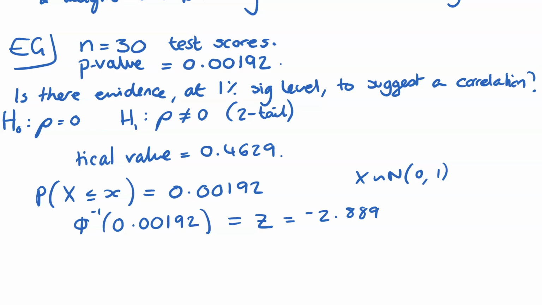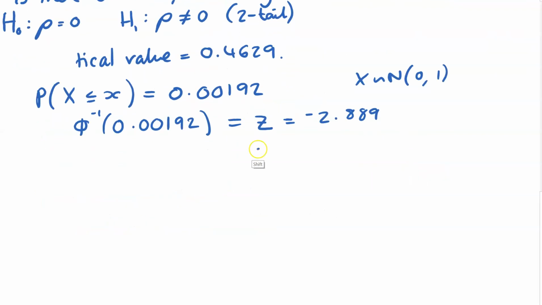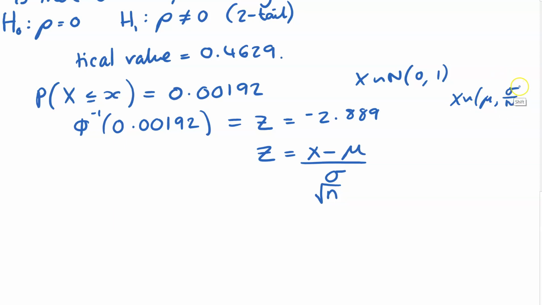Now you've got to turn your z value into an x value. So z is x minus mu over sigma. Because it's a sample, then it's over root n as well, so sigma over root n.